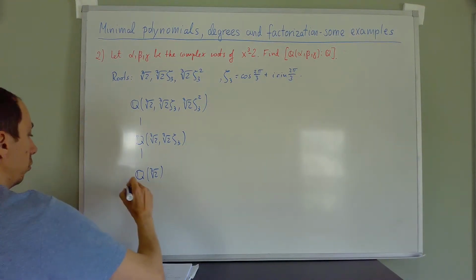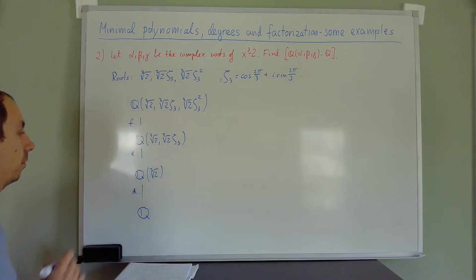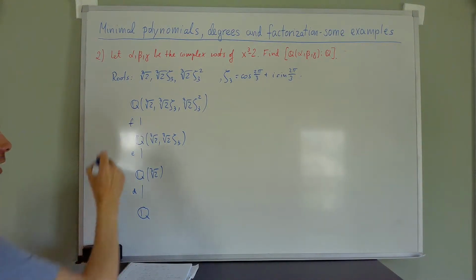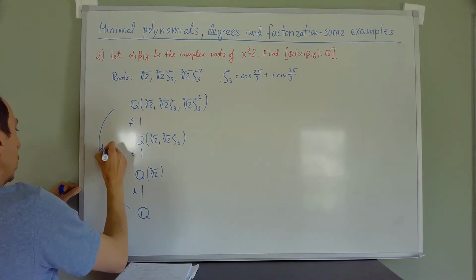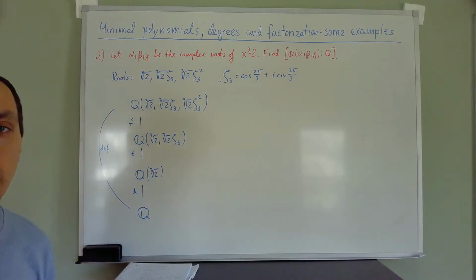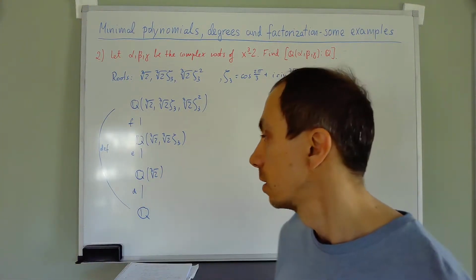And I denote these degrees by D, E, and F. And by the Dedekind product theorem, I know that the total degree is going to be the product D, E, F. So that means I have to compute each of these degrees.